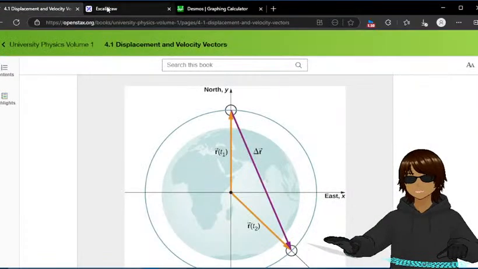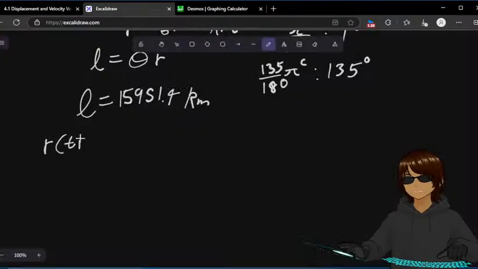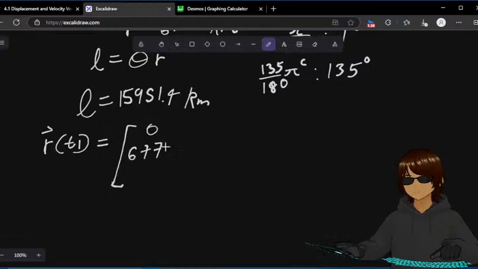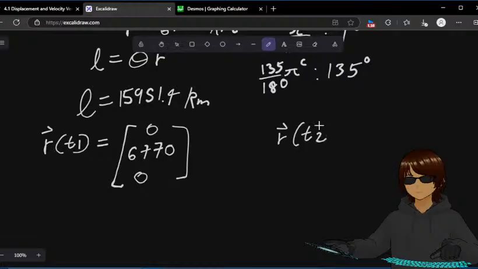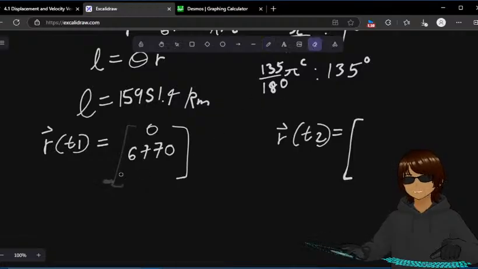So r at t1 has components 0 in the x direction, 6770 in the y direction. There are only two directions. It's a 2D graph, just x and y.